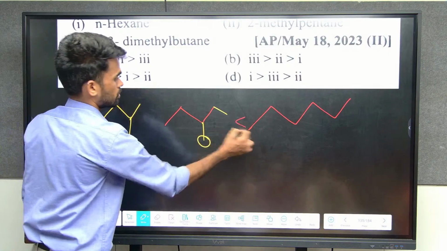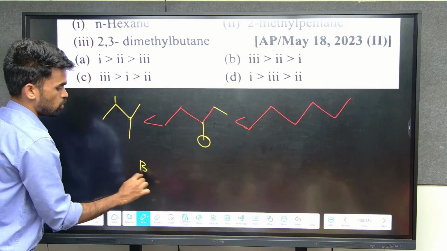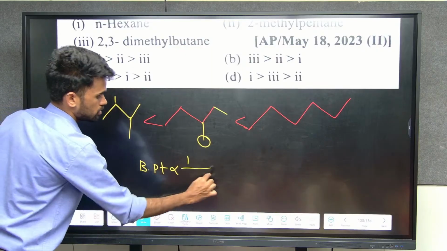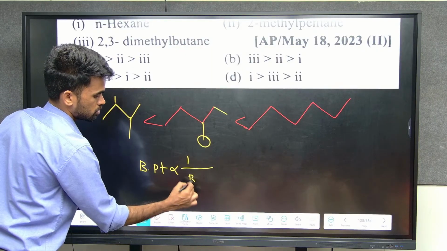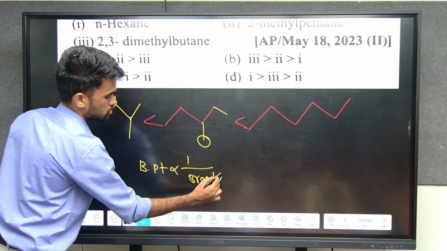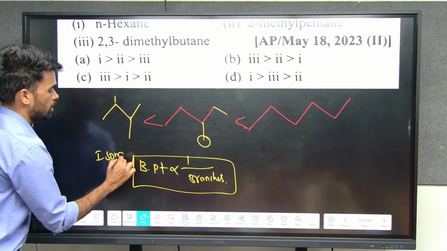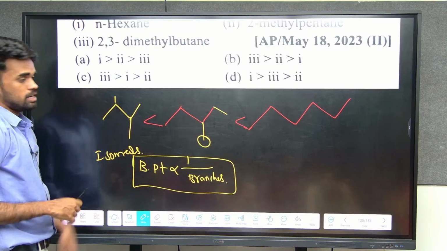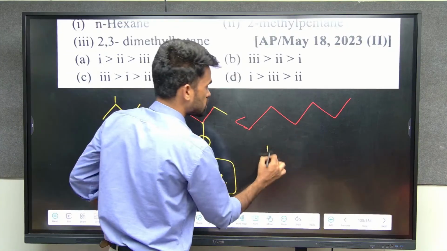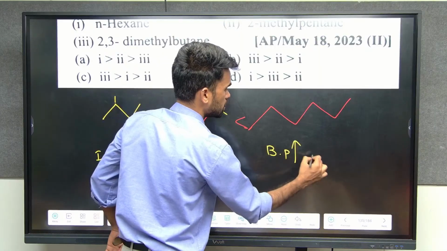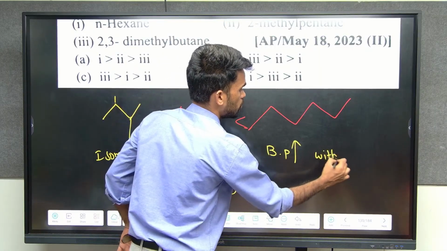C. Like this. So I can say boiling point decreases with branches. This is a story when isomers case only. Normally for different compounds, boiling point increases with molecular weight.